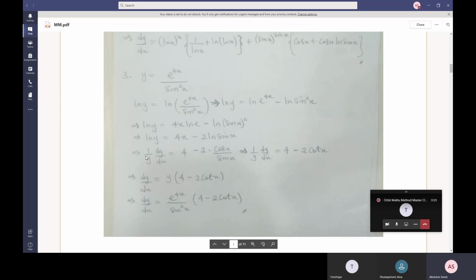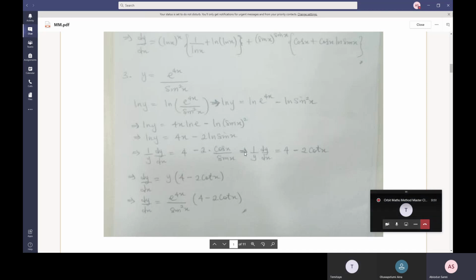ln y differentiates to 1 over y dy/dx, right? If you differentiate 4x, you have 4. Minus 2 is just a constant. You have minus 2 times the derivative of ln sine x. So first of all, differentiate sine x, which is cos x, all over sine x itself, because sine x is the argument.